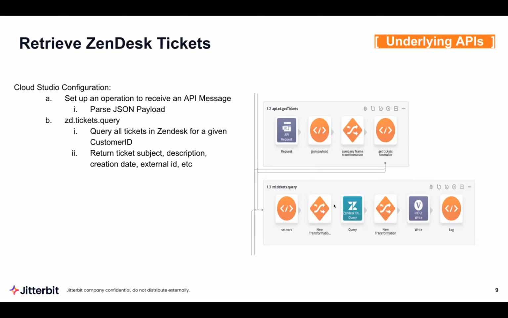Okay, and the data that we are retrieving will be the ticket, the subject, the description, the creation date, external ID, and so forth. Those are the ones that we're interested in showing. So we are querying those in Zendesk, and then we're going to be sending that information back to the consumer as part of the API response. All right, so this is the third API.